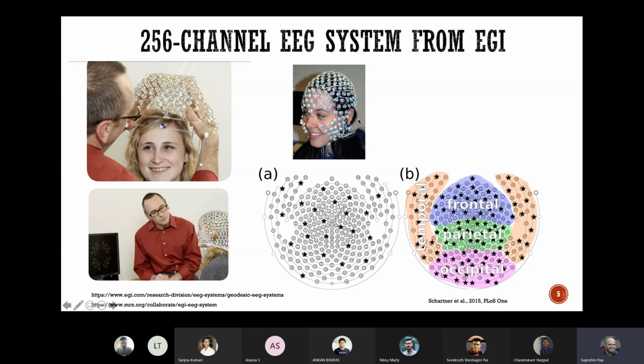This is called an inverse problem because from the voltages you are getting down to the sources. And the forward problem, which is a more straightforward problem, is that if I give you a source in the brain, the source we will see is often modeled as a dipole, given the dipole, can you tell me what the voltage distribution is going to be on the scalp? Okay, that's the forward problem.